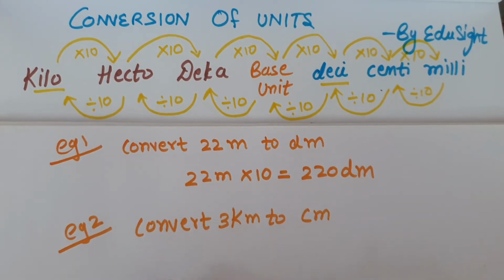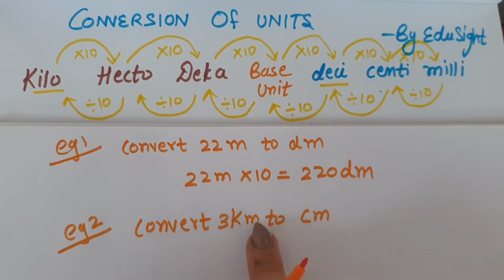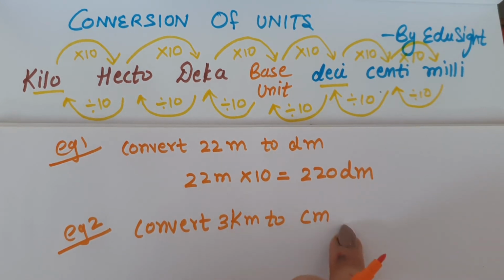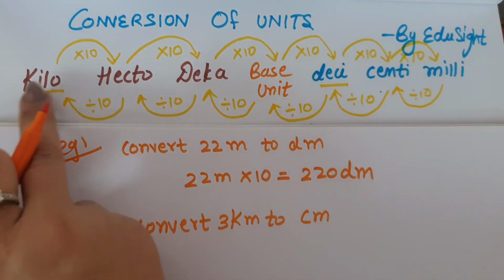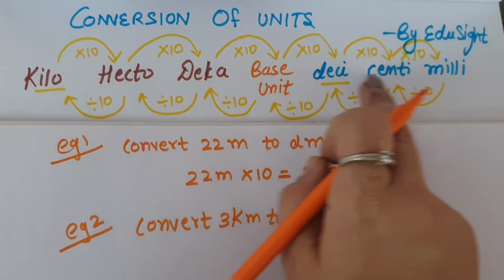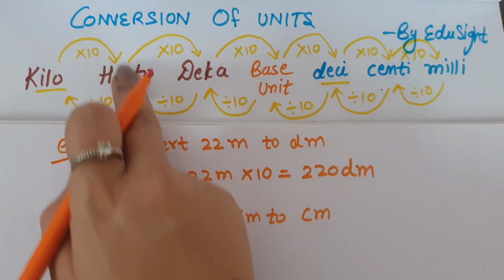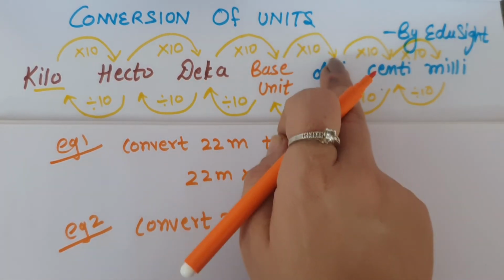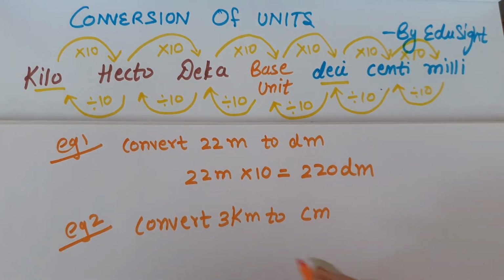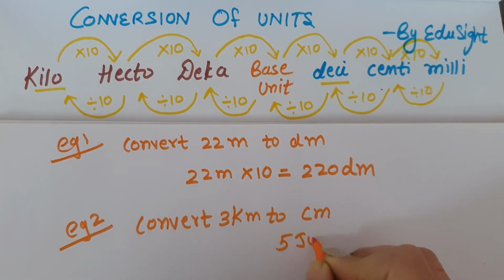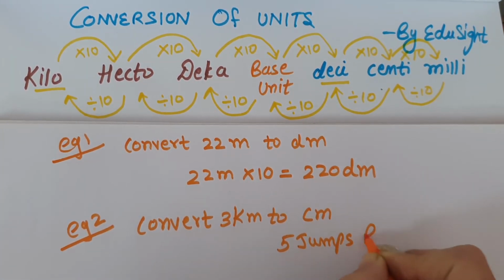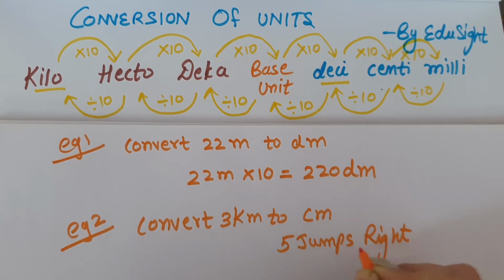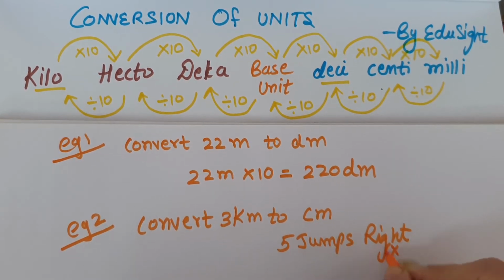Suppose I have another example, that is convert 3 kilometer to centimeter. Now how many jumps on the right side? From kilo I need to go to centi. So 1, 2, 3, 4, 5. 5 jumps on the right. And right means multiply.